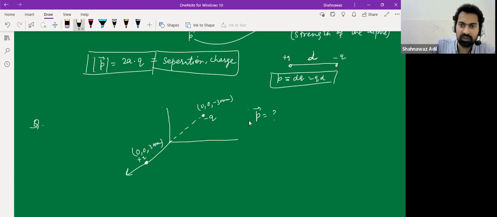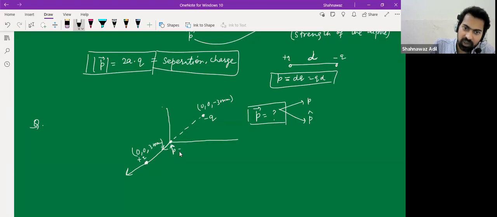To calculate it, we need the magnitude and the direction. By looking at this, the direction would be from negative to positive.